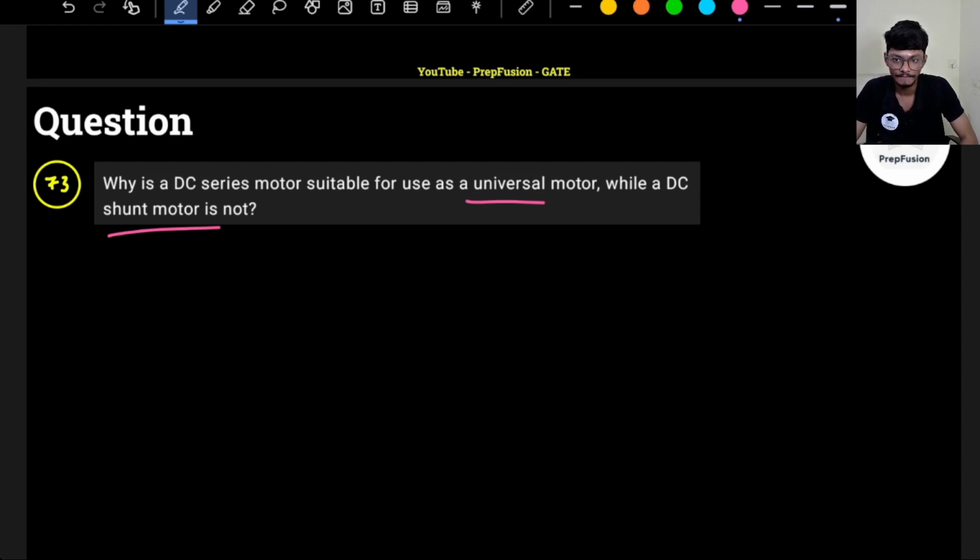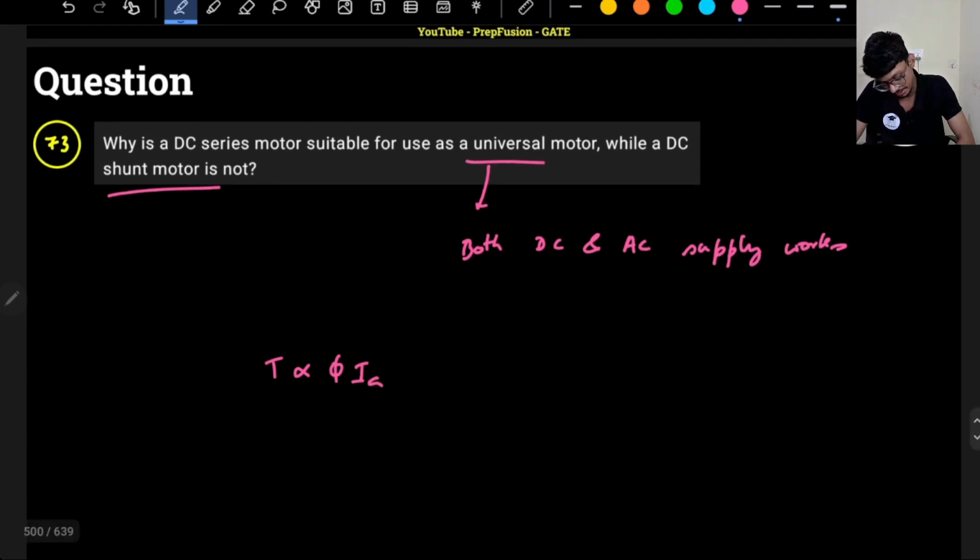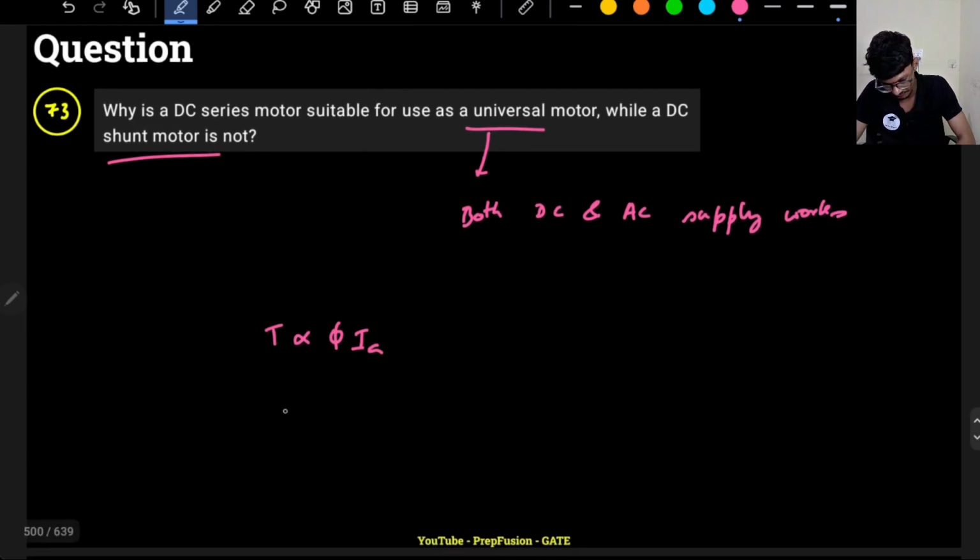Universal motors are those kind of motors where both DC and AC supply work. For a DC shunt motor, my torque is proportional to flux into armature current, and my speed is proportional to Vt minus Ia Ra divided by flux.